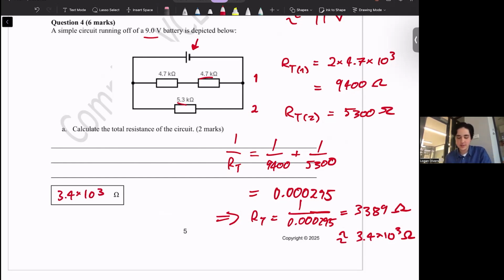As for marking allocation, in these sort of working out questions, you are pretty much looking at 1 mark for the working out and 1 mark for the answer. The key when it comes to the working out is the substitution. If you've got way too much time on your hands, you can write an actual formula, 1 over R1 plus 1 over R2, and then do an arrow, and that will show that you know substitution.